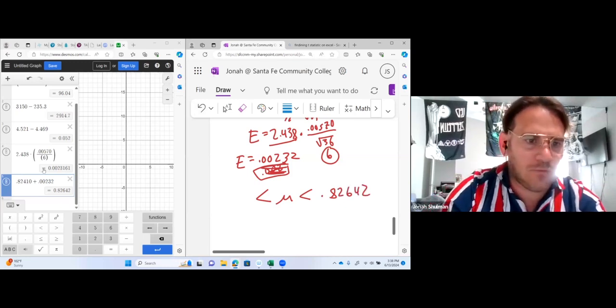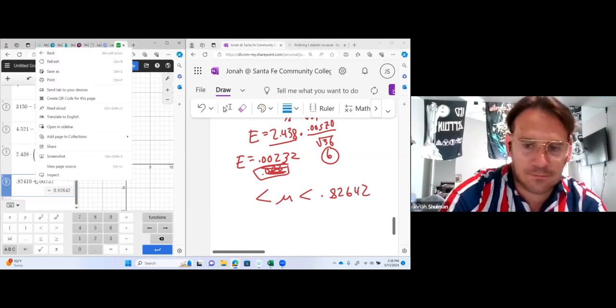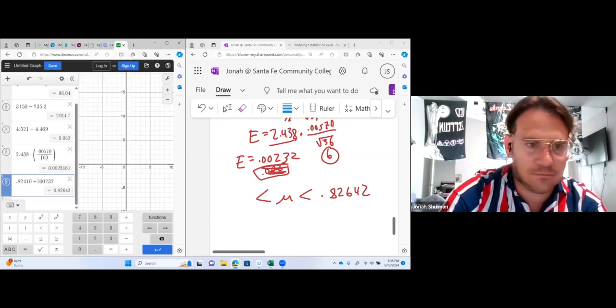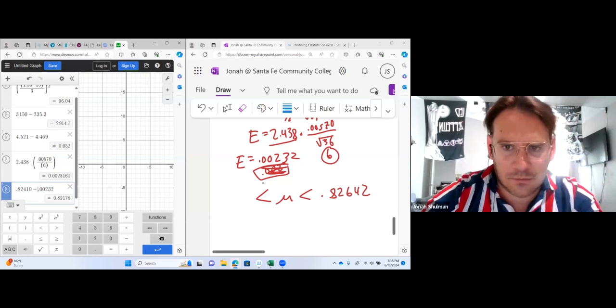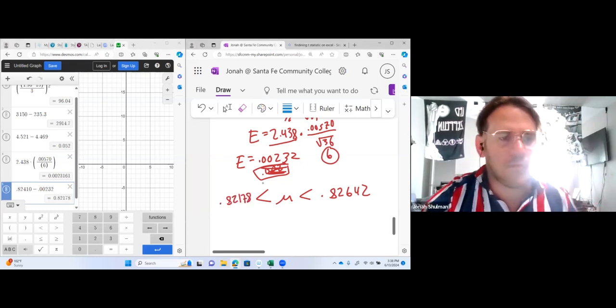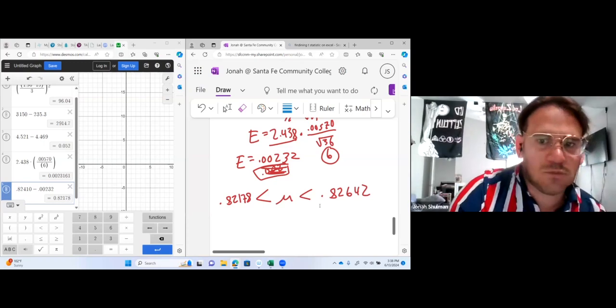And the other side, I just have to make this a minus. 0.8 to 178. And I can check these because this is number 7.